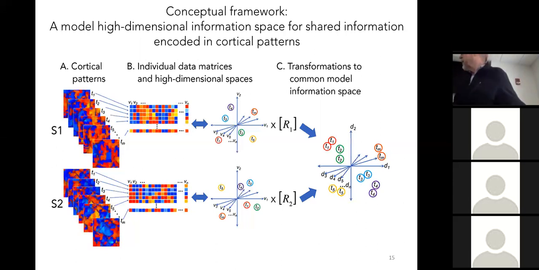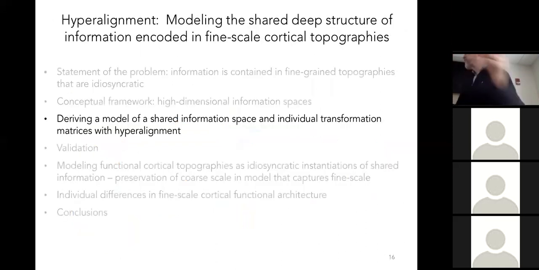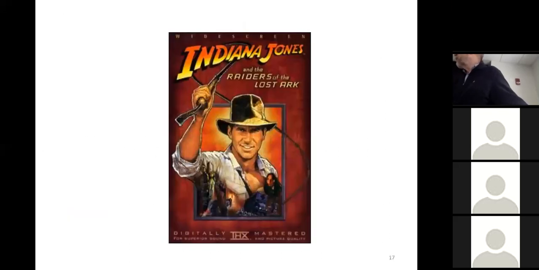So in the common space, vectors are brought together if they have shared information. To do this, we developed an algorithm called hyperalignment to calculate these transformation matrices and develop this model of a common or shared information space.